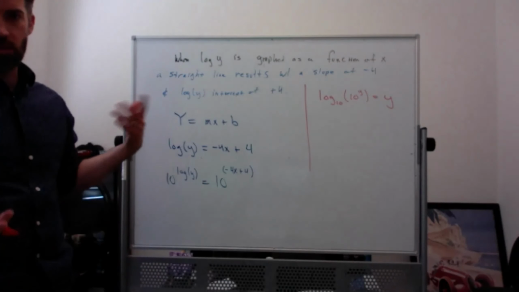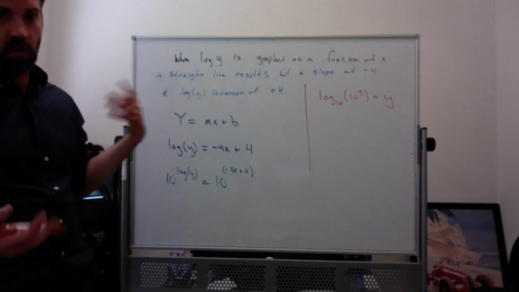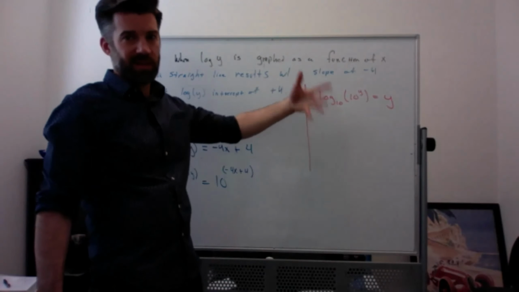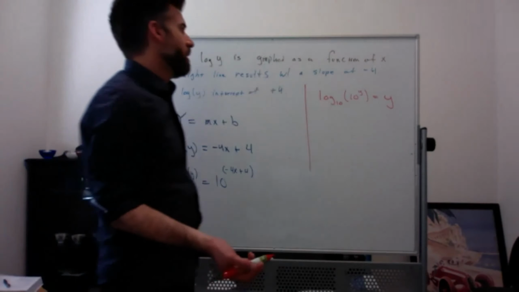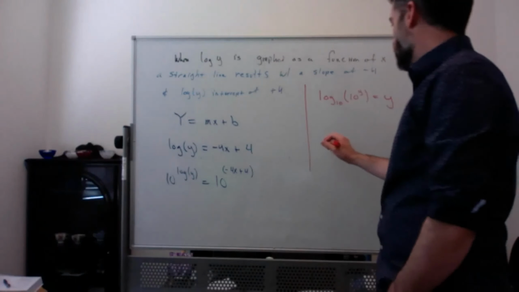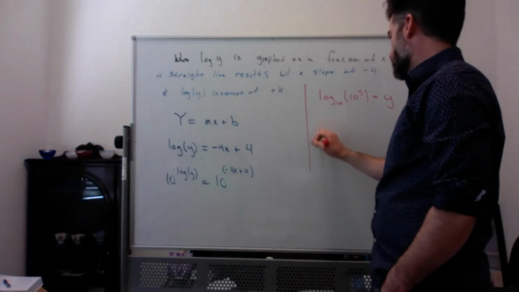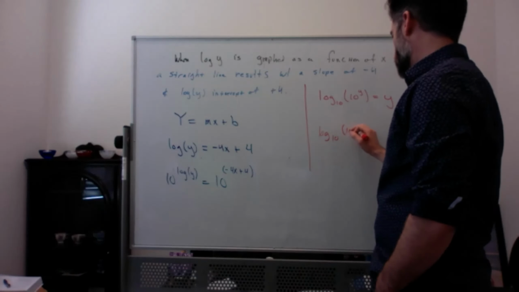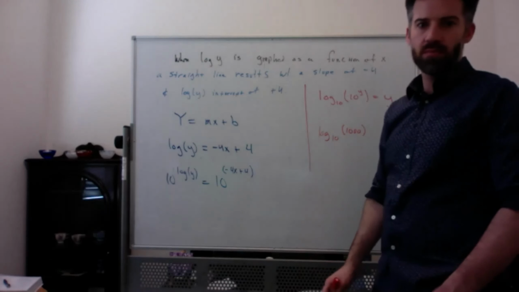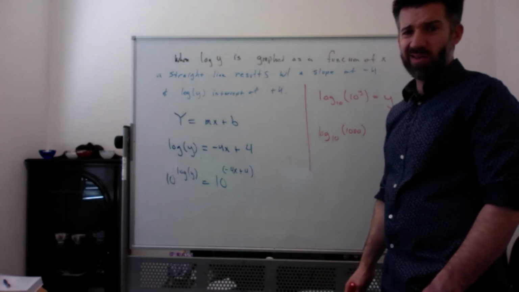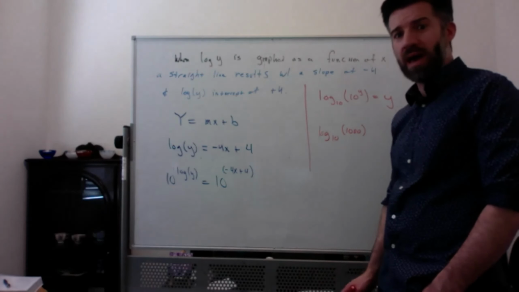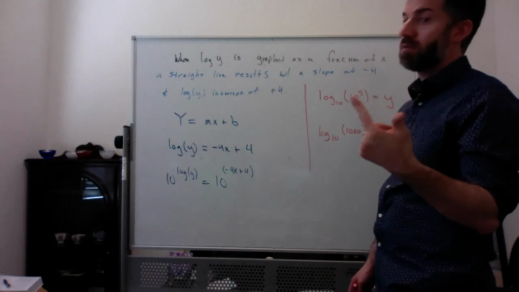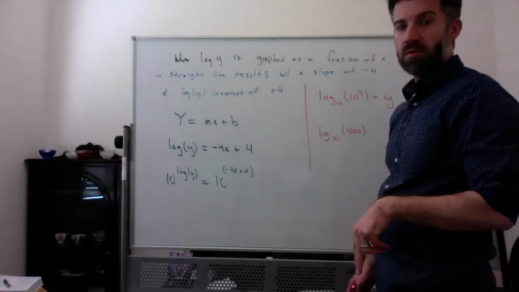For the same reason, all the stuff we did in the beginning of class today, right? Log base 2, whatever. And again, I don't write the base here because base 10 is like the common base. So the other thing that's true is, when I say what's log base 10 of 1,000? What's the answer? 10 to what power equals 1,000?